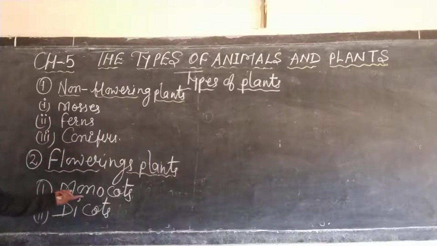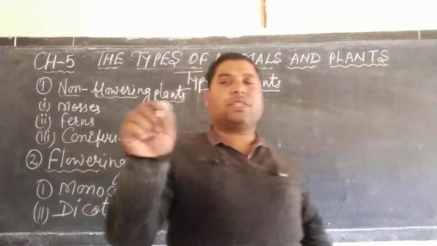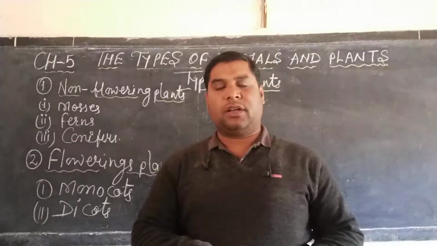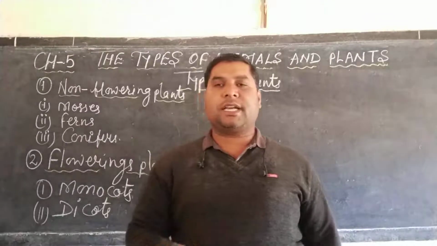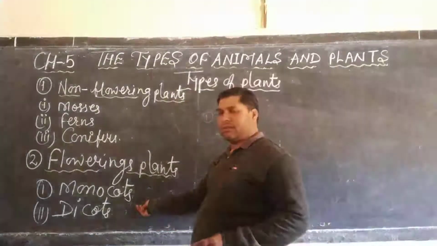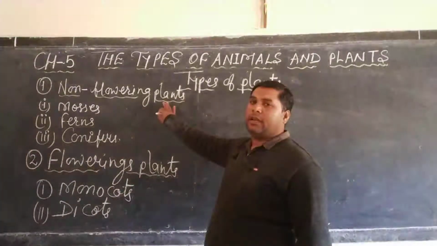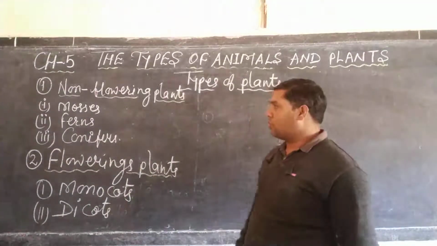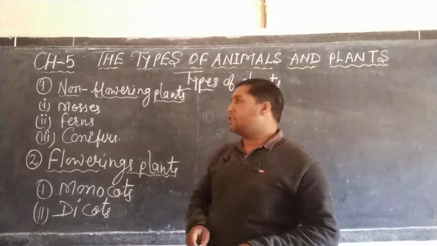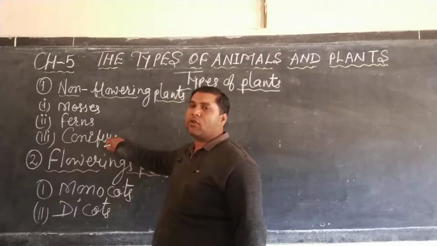Dear student, those plants which bear a seed with a single cotyledon are known as monocots, and those which bear a seed with two cotyledons are known as dicots. Now I am going to explain about non-flowering plants. Non-flowering plants are further divided into three smaller groups: mosses, ferns, and conifers.